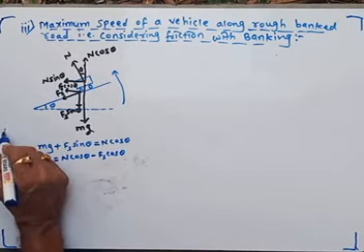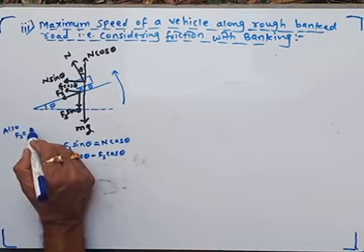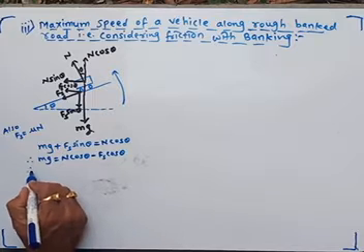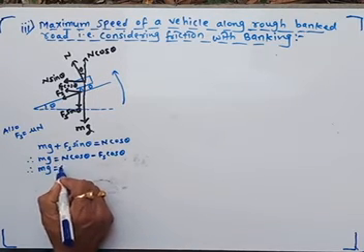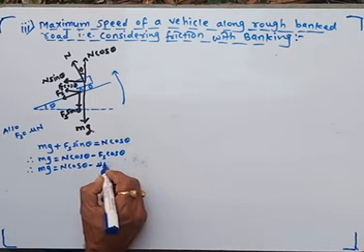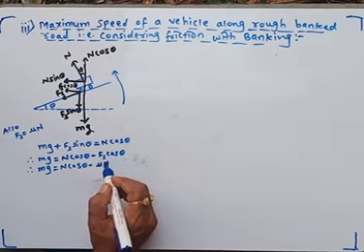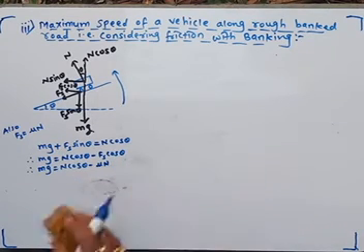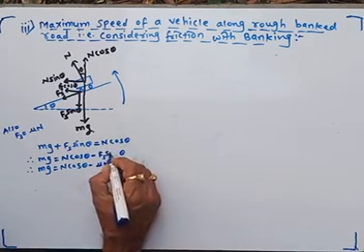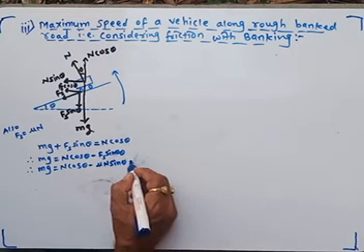Also Fs is equal to mu N. Mu is coefficient of friction, N is normal reaction. Therefore mg is equal to N cos theta minus mu N sin theta. Suppose this is equation number 1.